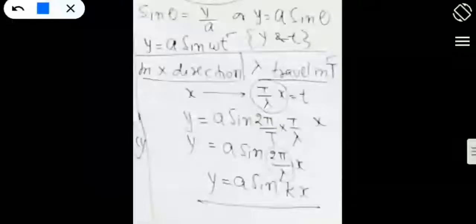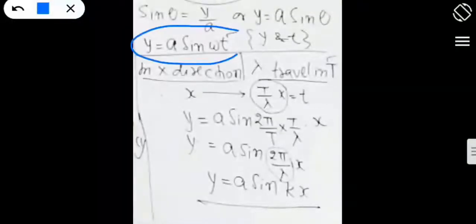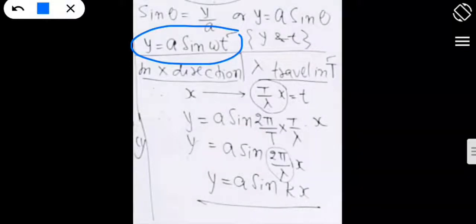As you can see here, we know the formula y equal to a sine omega t, because we are doing an oscillation and here a wave is going to be produced.